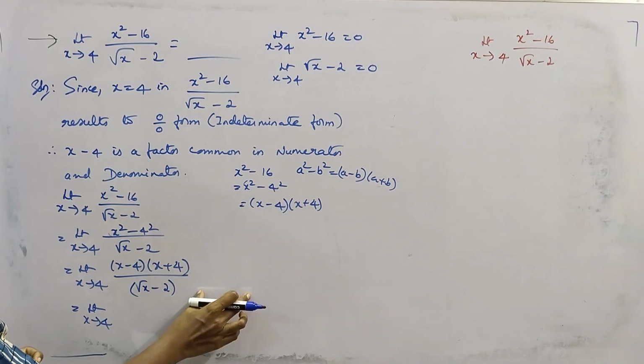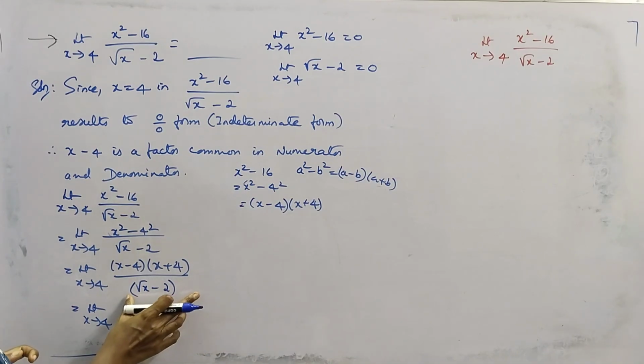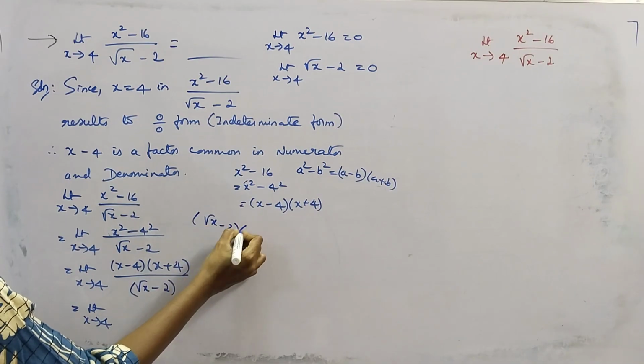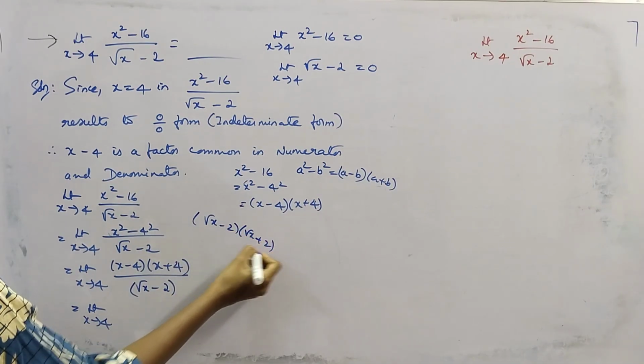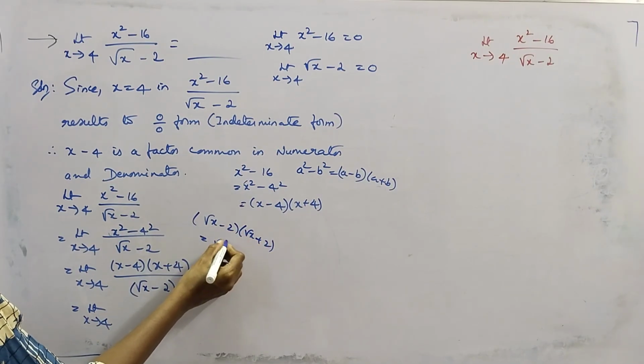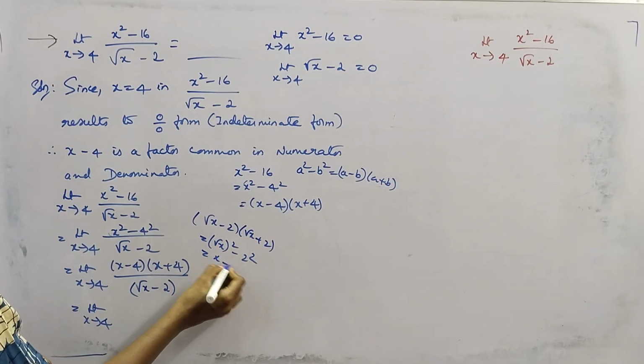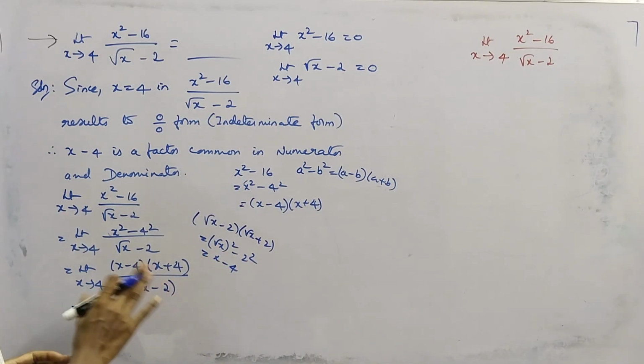We'll multiply and divide by square root of x plus 2 in the numerator and denominator. Then the denominator becomes square root of x minus 2 into square root of x plus 2, which gives us (square root of x) whole square minus 2 square, which gives us x minus 4. You'll get x minus 4.